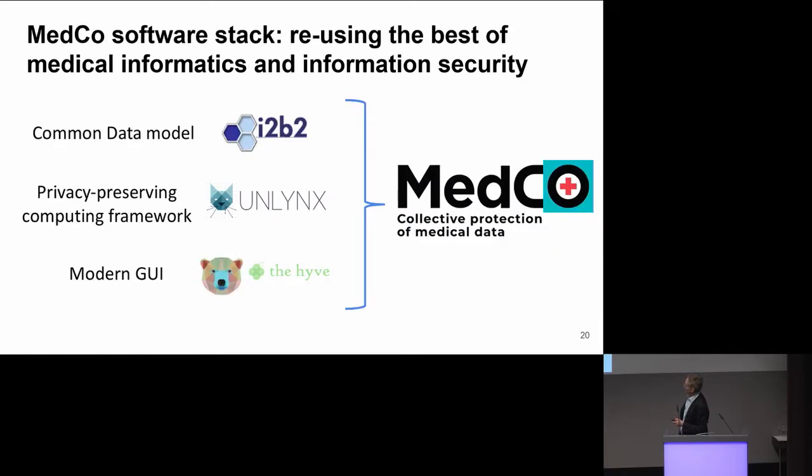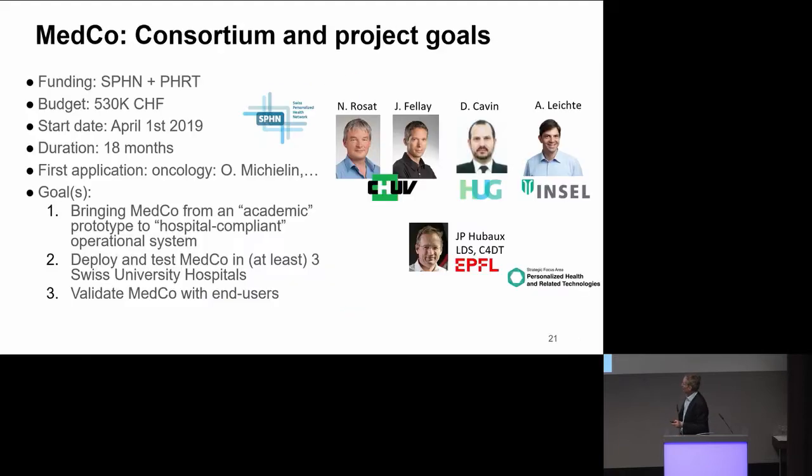Okay, this is how it works. We make use of I2B2, which is probably known to some of you, and it's nothing special. It's just a way to explore cohorts. And the secret sauce, or it's not secret because it's public domain, is that we make use of a tool called Unlynx that provides this privacy-preserving computing framework.